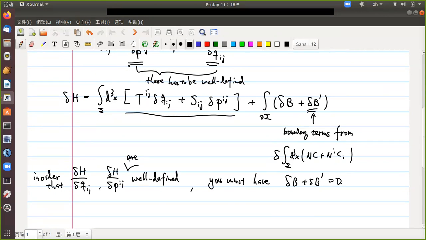Those boundary terms must cancel. Otherwise the variation is just not well defined, because you have some additional term at the boundary and you cannot extract the functional derivative.